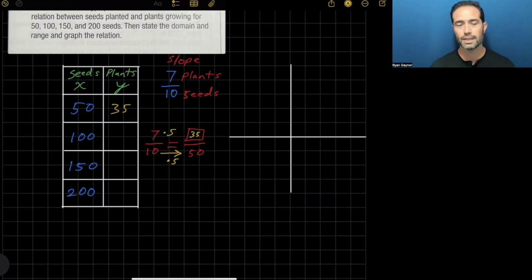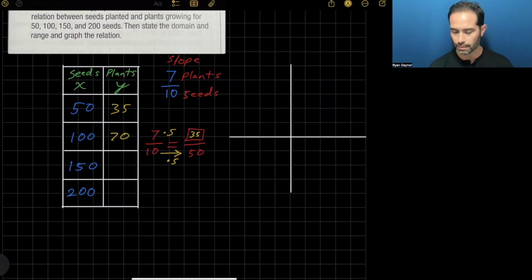Now I could write this fraction again, or I could just see maybe a pattern. If 50 seeds is 35 plants, then 100 seeds will be 70 plants. So I just doubled that: 50 to 100, 35 to 70. Now I'm going to stick with the 50. So 50 to 150 would be times 3.